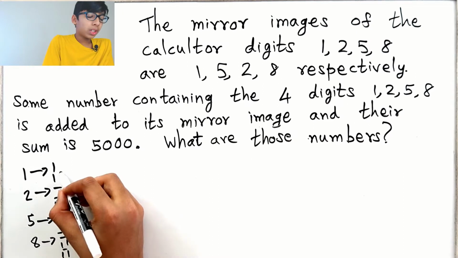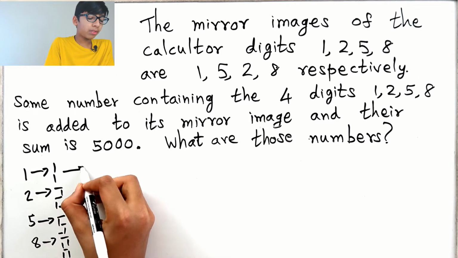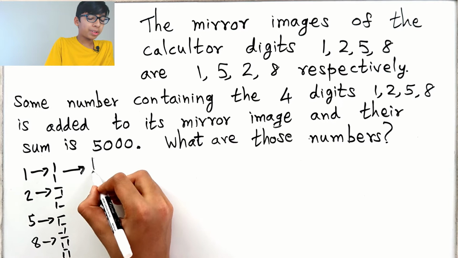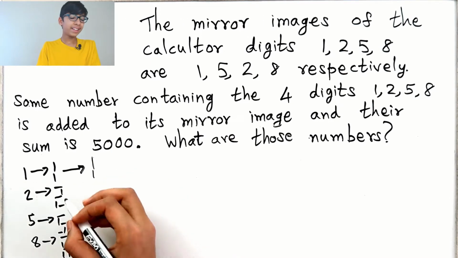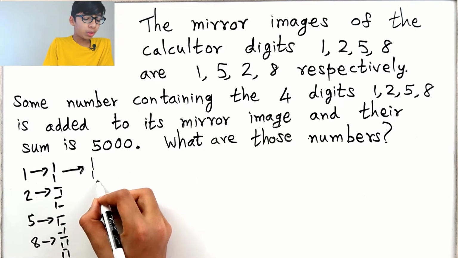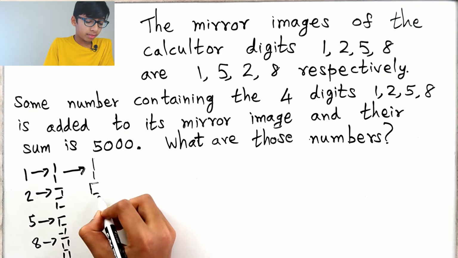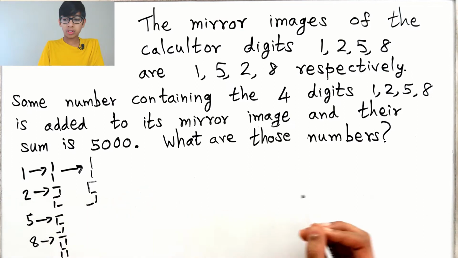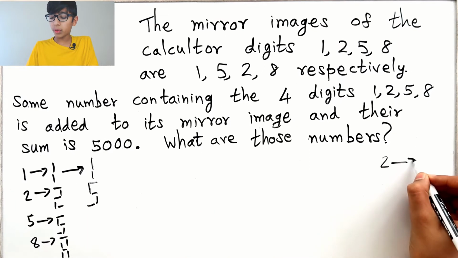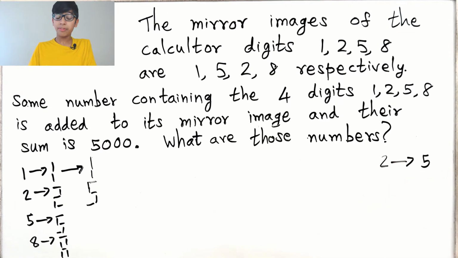So now the mirror image of 1 for calculator digits would look just like 1. And 2, well, if we flip that, that would be like 5. So that means 2, if we mirror it, would equal 5.